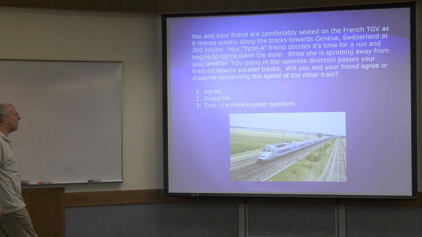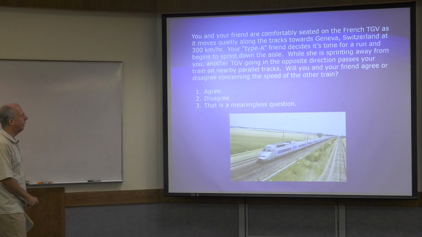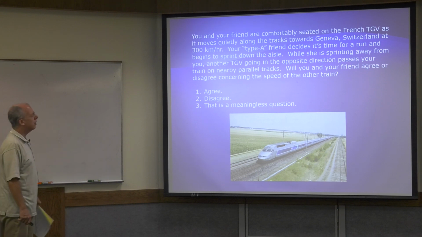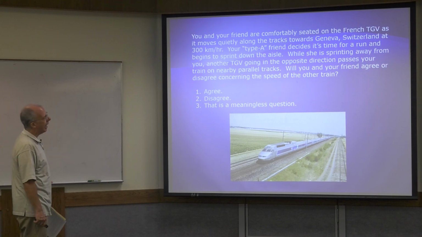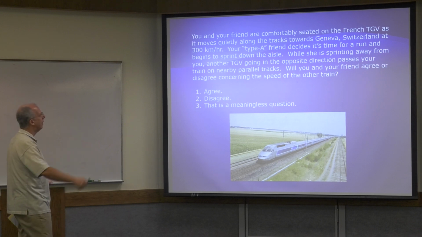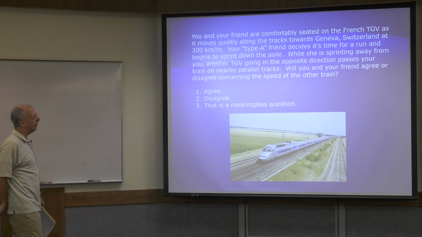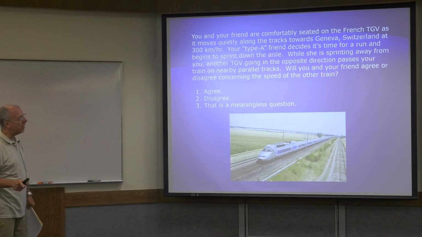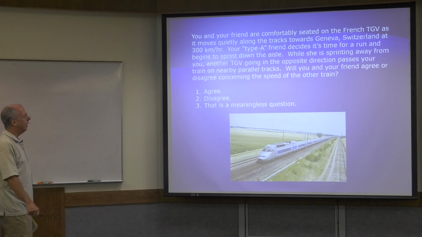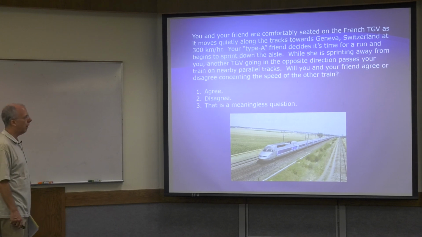On the other hand, you and your friend are comfortably seated on the French TGV as it moves quietly along the tracks through Geneva, Switzerland at 300 kilometers per hour. Your type A friend decides it's time for a run and begins a sprint down the aisle. When she is sprinting away from you, another TGV going in the opposite direction passes your train on nearby parallel tracks.